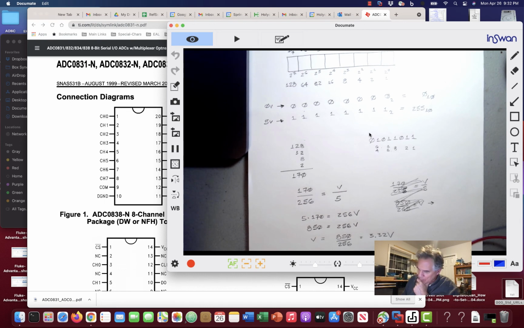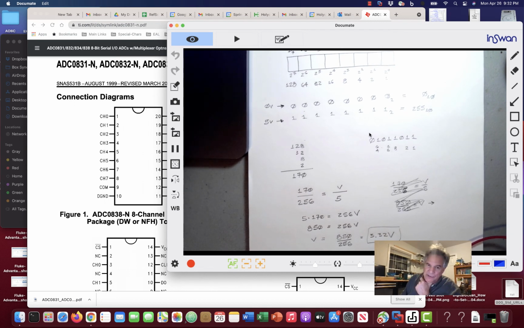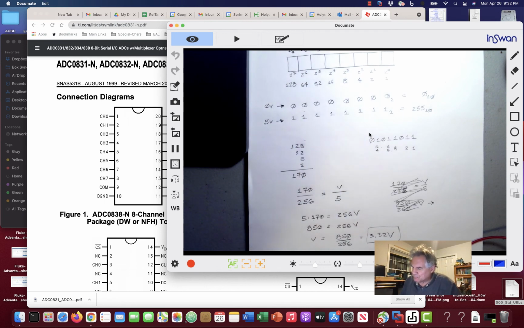So anyway, there you go. We just measured a couple voltages. It looks to me like within 1%. All right. So we just measured with an 8-bit A to D converter two voltages within 1%, which is not too shabby.